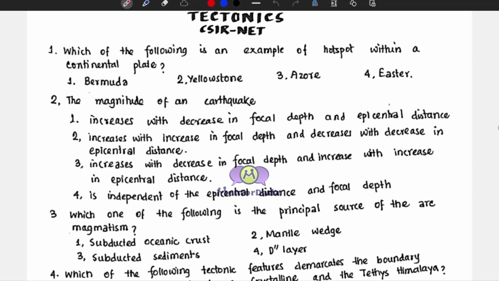So Bermuda is situated in the North Atlantic Ocean, at the eastern part of America, mainly North America.